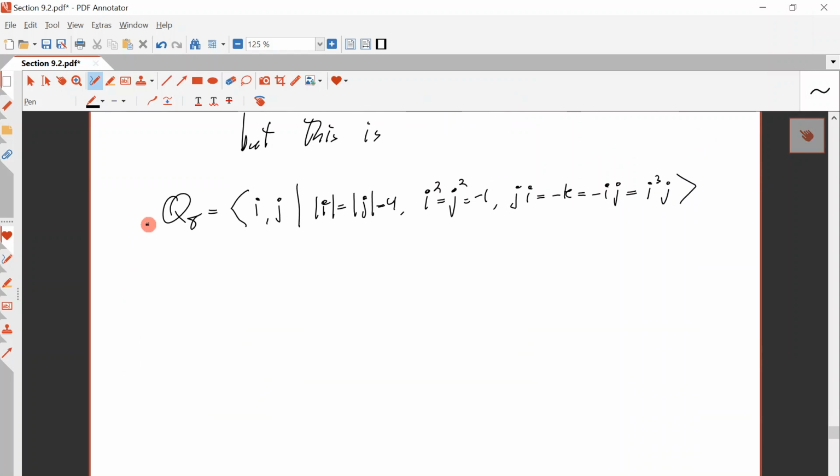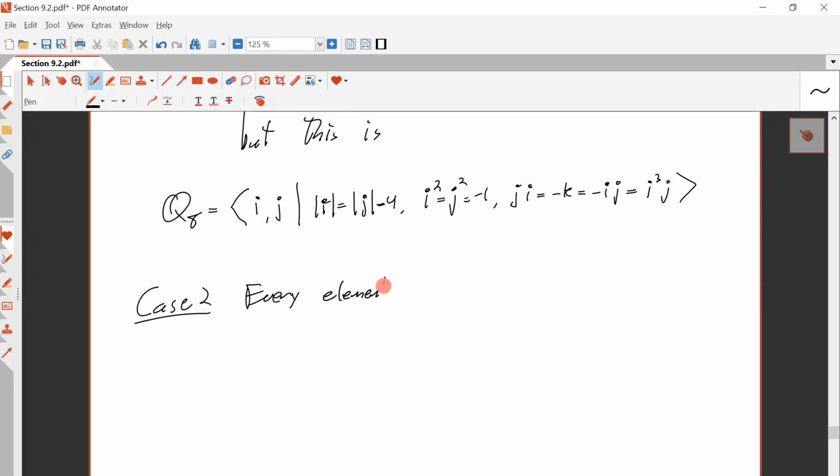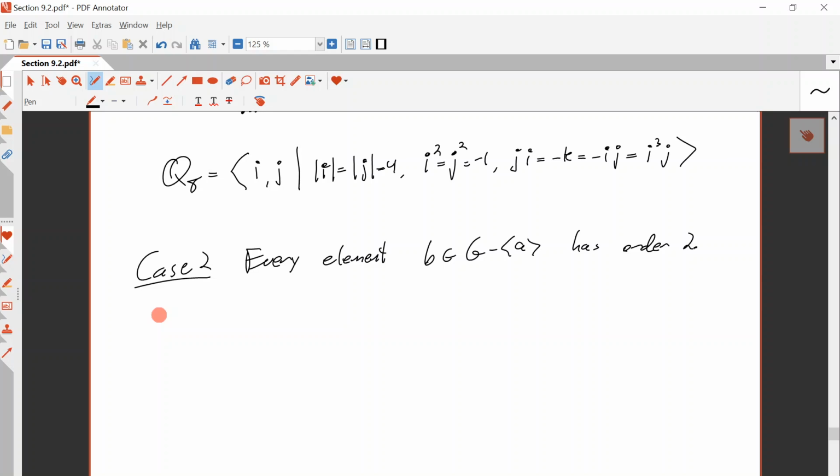45 minutes. Let's do the last one. Case 2. Every element of G minus the cyclic subgroup generated by A has order 2. Alright, so you've got these other elements of order 2.